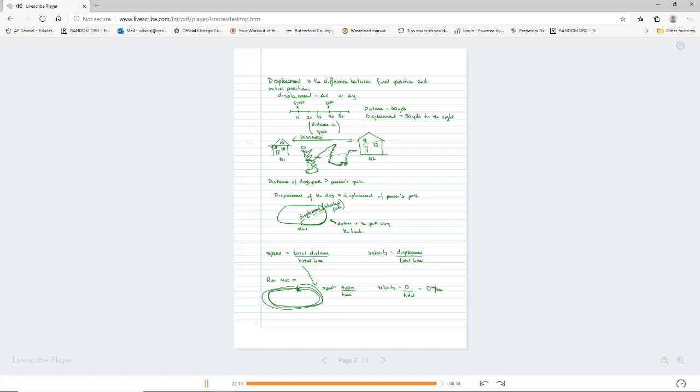It's as if I did not move at all. And so my displacement is 0, even though my speed is a number. So keep in mind that velocity is going to compare with displacement. Vectors go with vectors and scalars go with scalars.